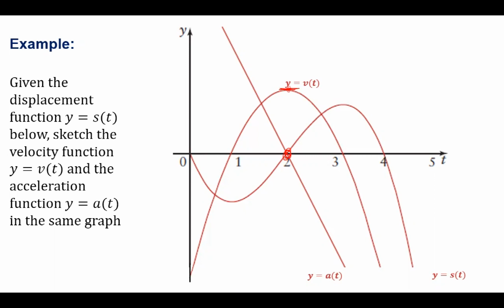And after this point, the instantaneous rate of change of v is negative and keeps decreasing. So the acceleration might look like a straight line with a negative slope.